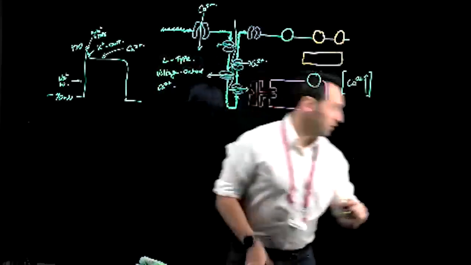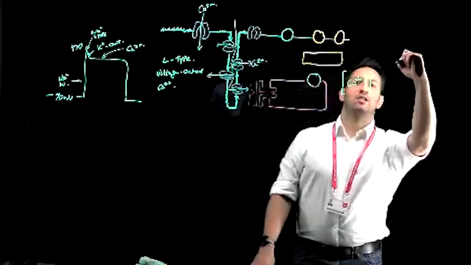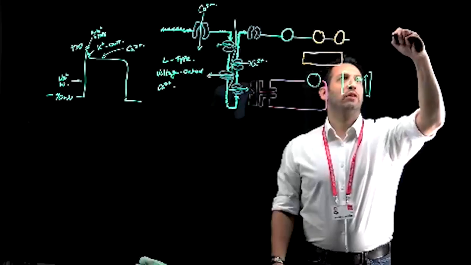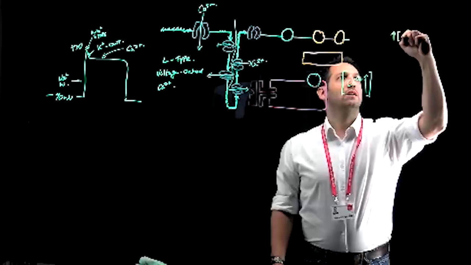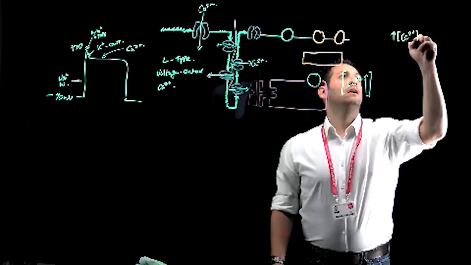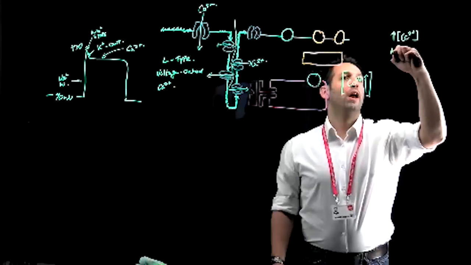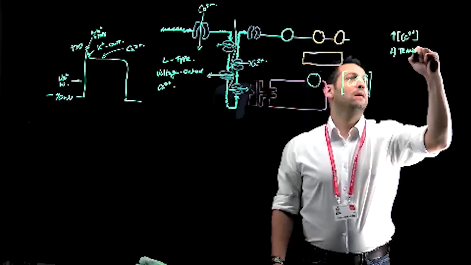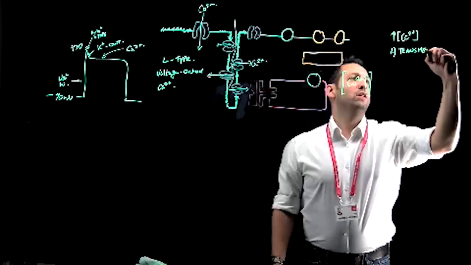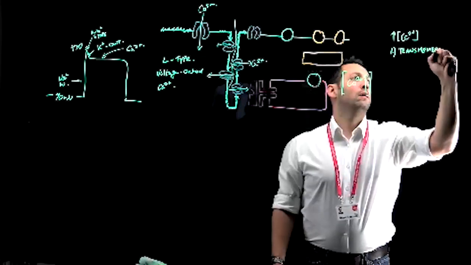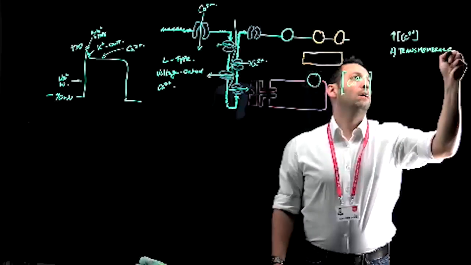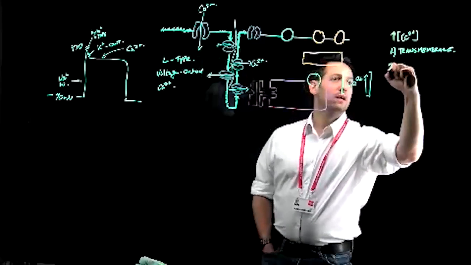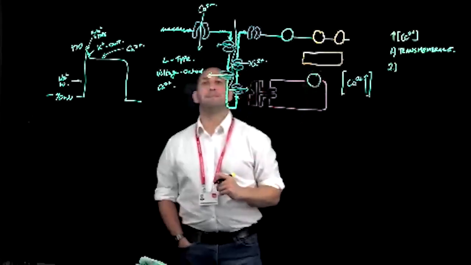If we're thinking about where we get our calcium from, we get an increase in Ca2 plus from two sources. One is what's called transmembrane, and then we get it from somewhere else.